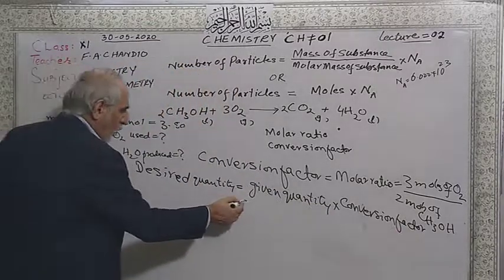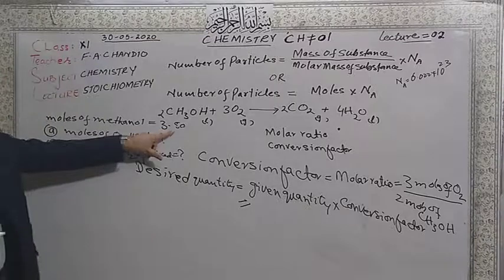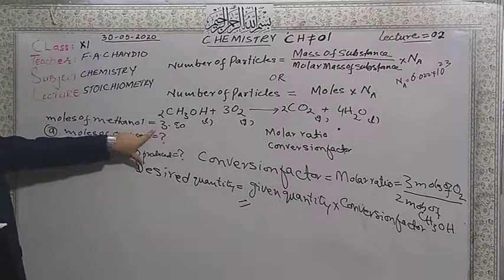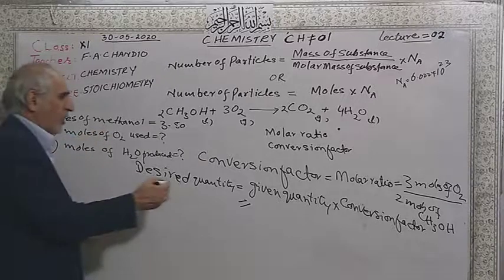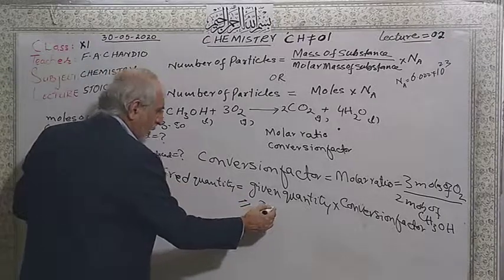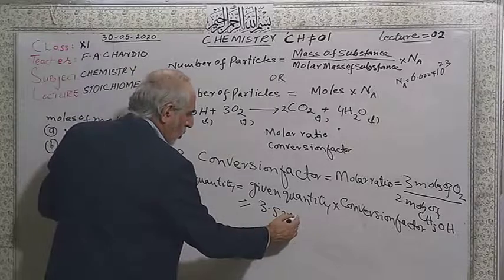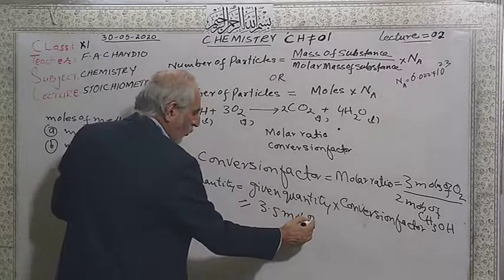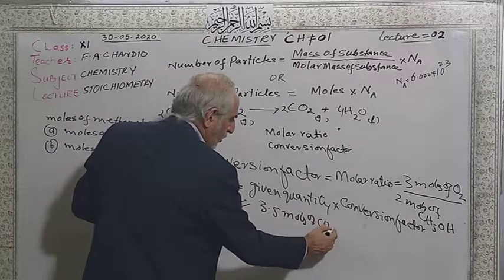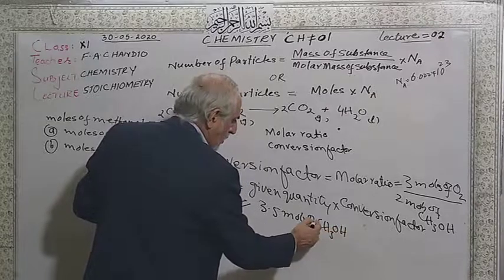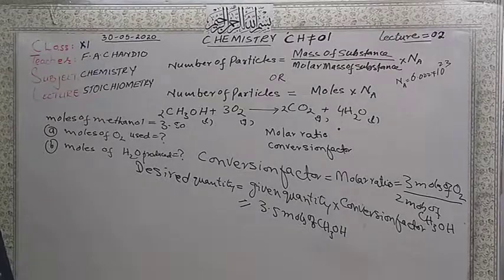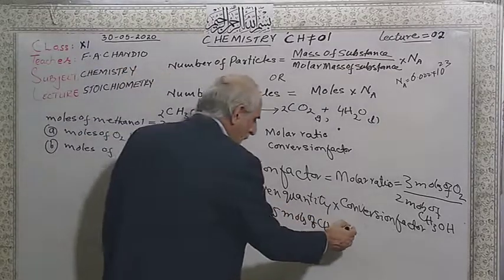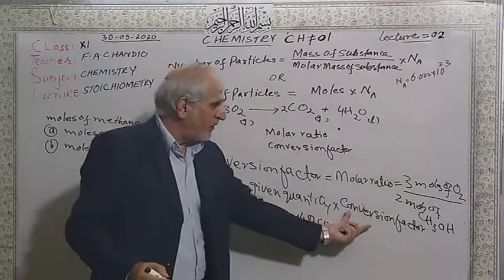So now given quantity is 3.5 moles of methanol. So this is a given quantity, right? 3.5 moles of methanol is the given quantity multiplied by conversion factor.